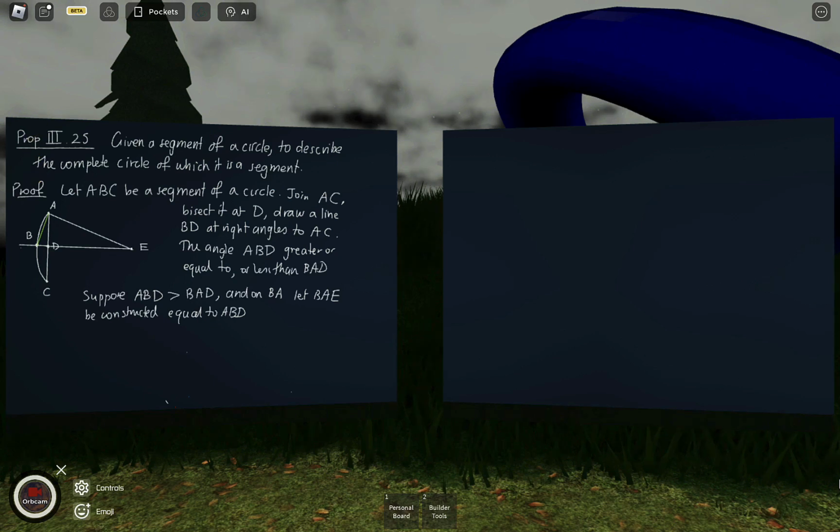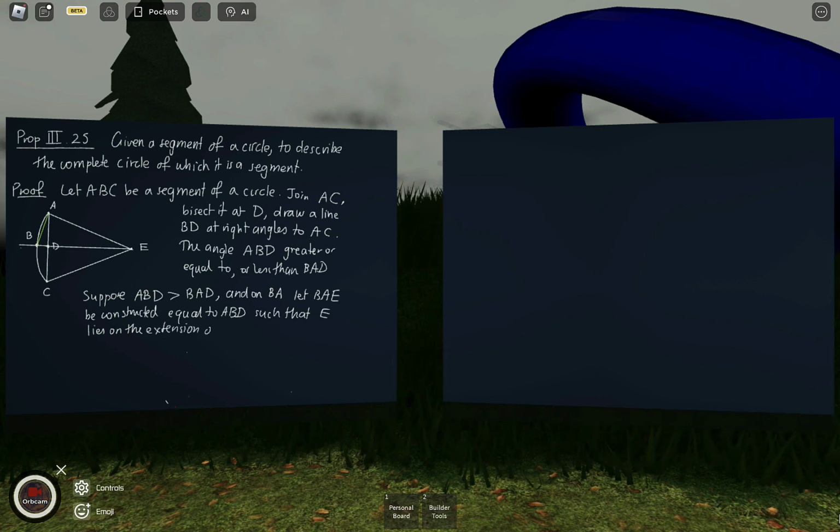Okay, so that's E, and then I join EC. Let me write this. The angle BAE could be constructed equal to ABD such that E lies on the extension of DB.